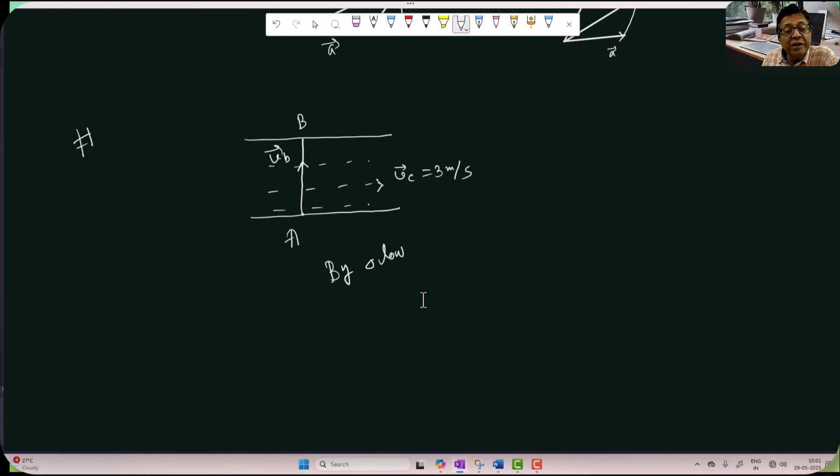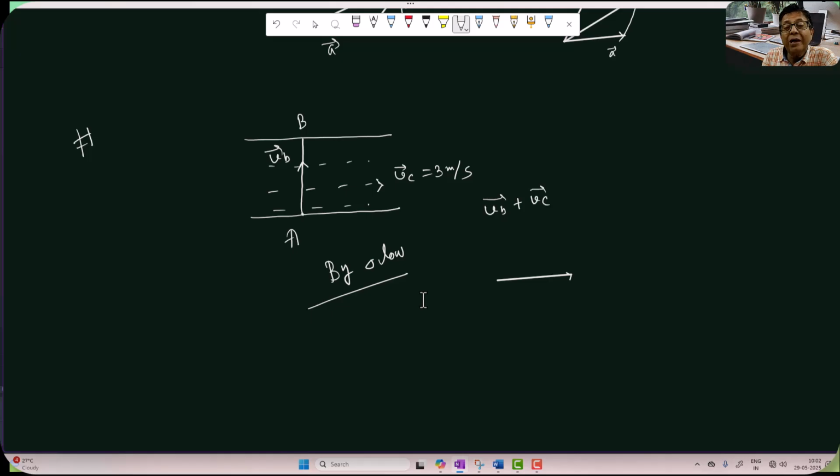If you go by triangle law, what will you get? By triangle law, if you want to add, you take the vector VB here, VC you take here, 3 meter per second. Or I will be taking this first one as the velocity of boat, because we are going to add which two?